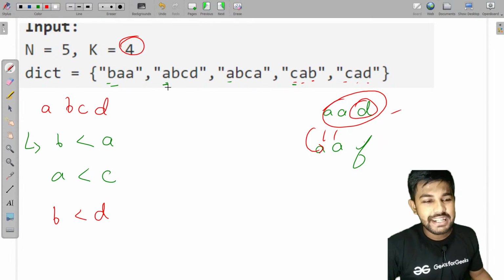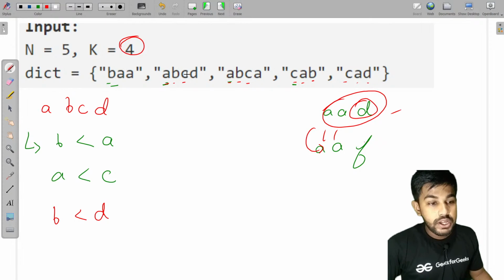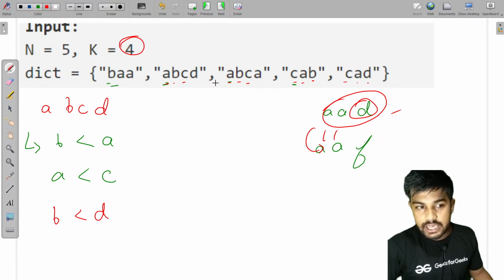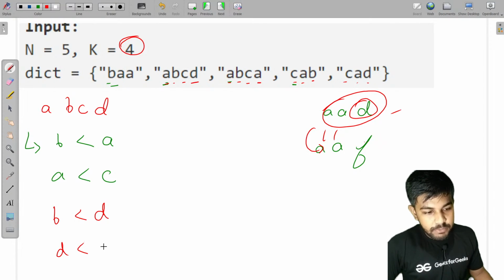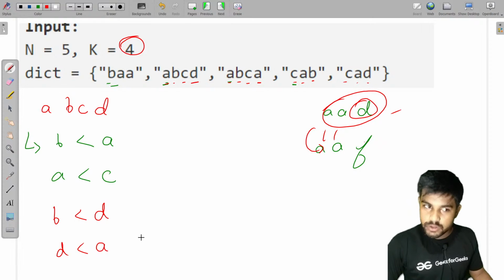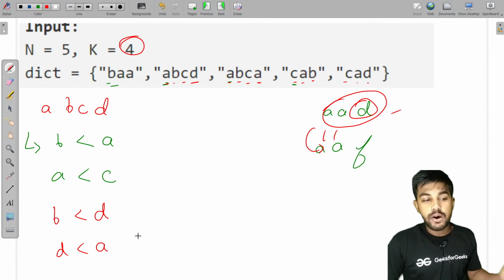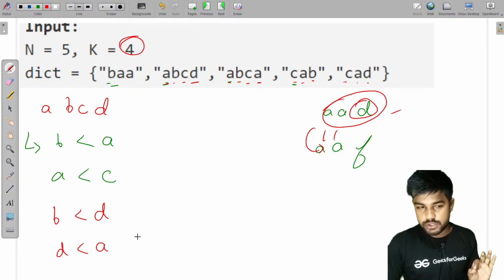Okay, that's why. So A B C is the same as A B C. Now we know that A B C D and A B C A, and D is smaller than A. So we know that D is smaller than A. Now we have drawn enough conclusions.